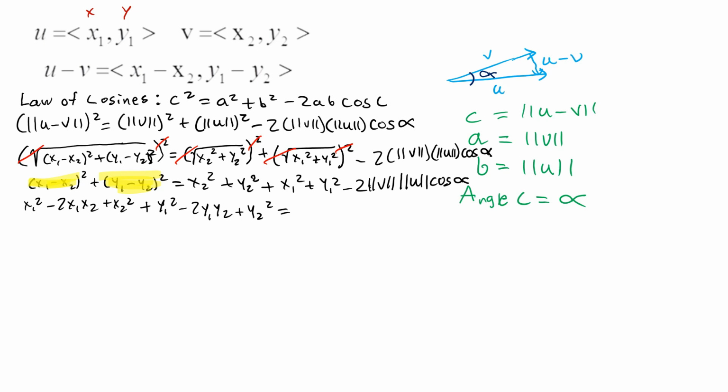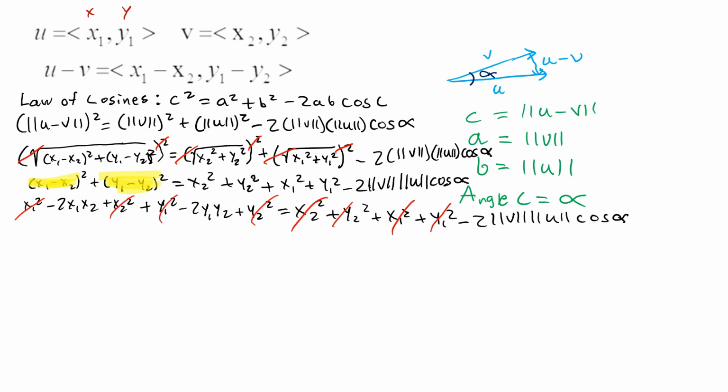This then equals x2 squared plus y2 squared plus x1 squared plus y1 squared minus 2 magnitude of v, magnitude of u, cosine of alpha. Okay, so now we can just cancel out things that are the same on both sides. So this is the same, this is the same, this is the same, and this is the same.